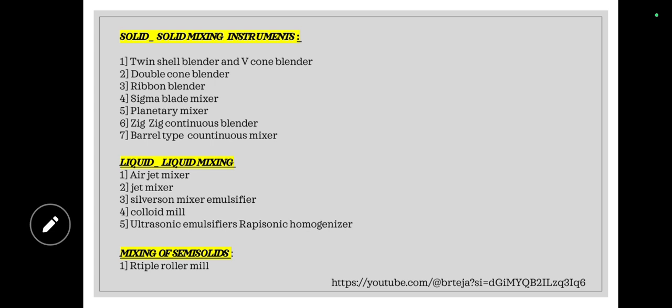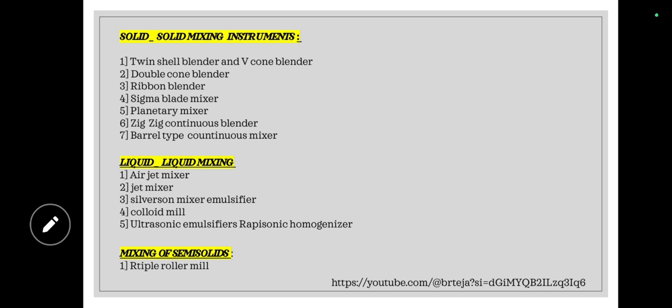Next one, liquid to liquid mixing. The instruments are air jet mixer, silverson mixer emulsifier, colloidal mill, ultrasonic emulsifiers, ultrasonic homogenizer. These are all liquid to liquid mixing instruments and equipment used in homogenization.